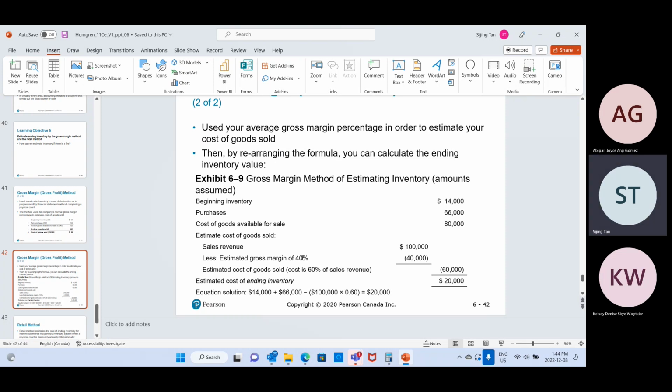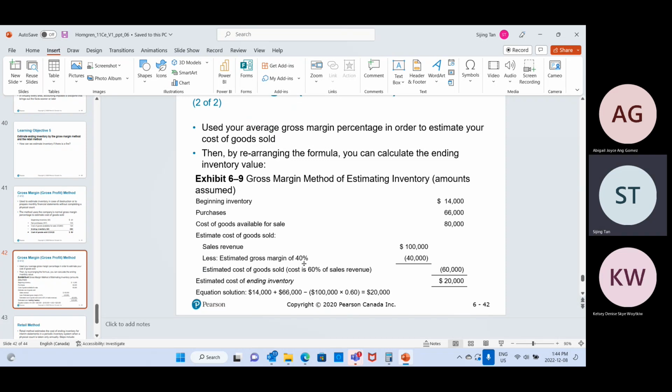Gross margin percentage is 40%, which means total revenue minus cost of goods sold, divided by total revenue, equals 40%. So to calculate the cost of goods sold, we use 100,000 minus 40% times 100,000, right? So that is the cost of goods sold.